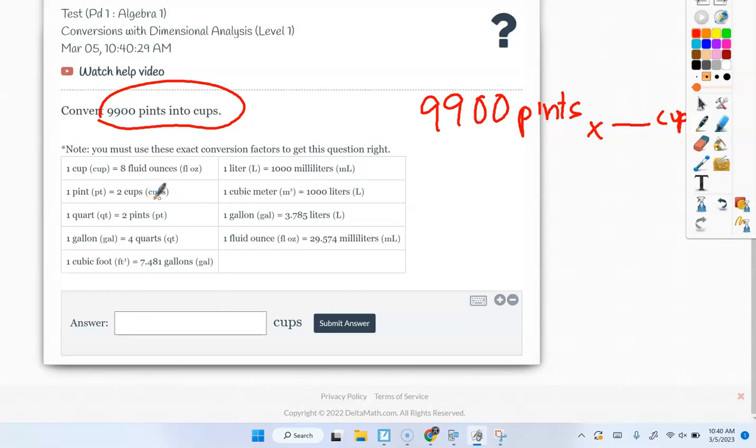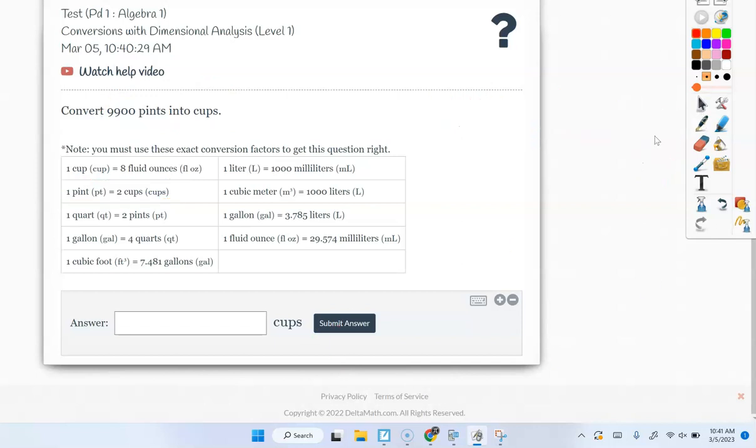So let's see, do we have pints and cups? Right here. 1 pint equals 2 cups. So 9,900 times 2 will give us 19,800 cups.